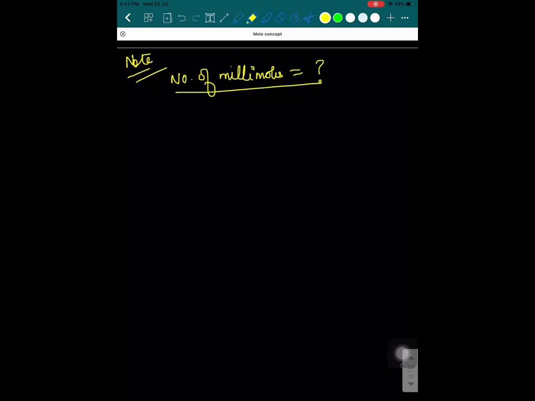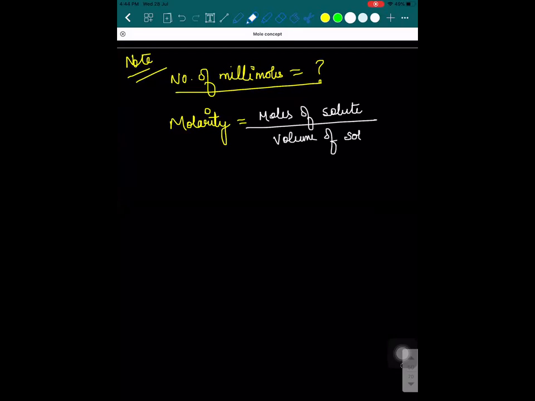Sometimes they ask you to calculate the number of millimoles, which you calculate from the molarity formula. Millimoles means what? Moles, then millimoles, isn't it? See here, molarity is moles of the solute by volume of solution in a liter.